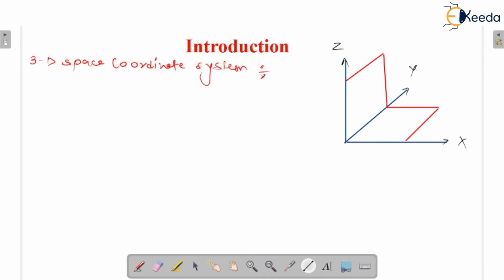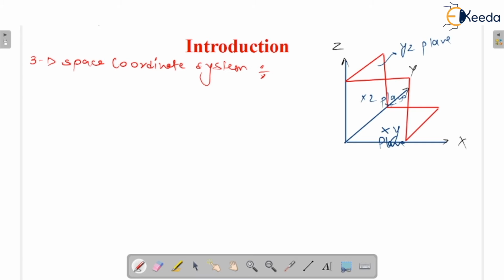The next plane is the YZ plane. And the next plane is the XZ plane. These are the basic things you need to understand.